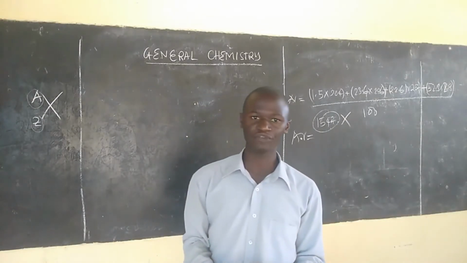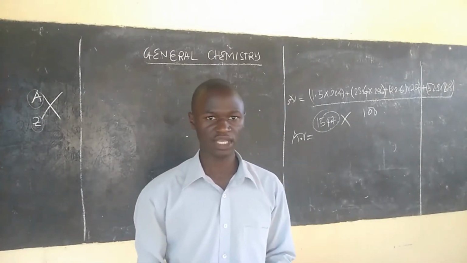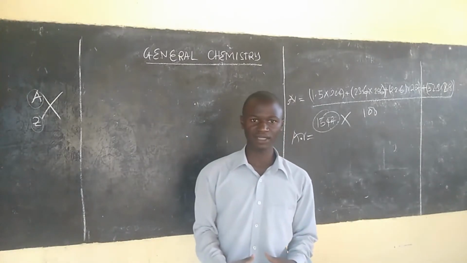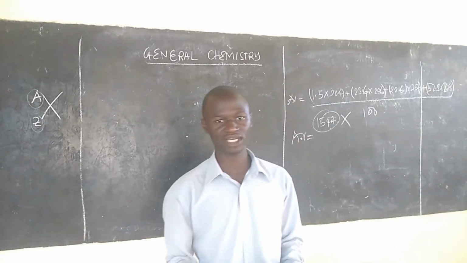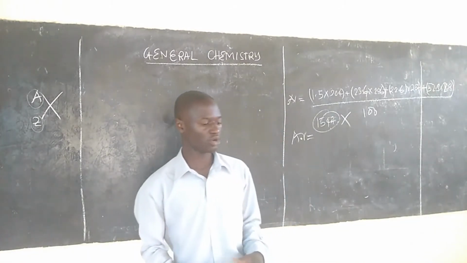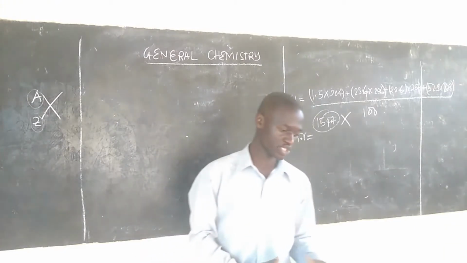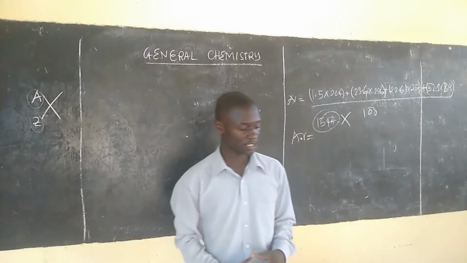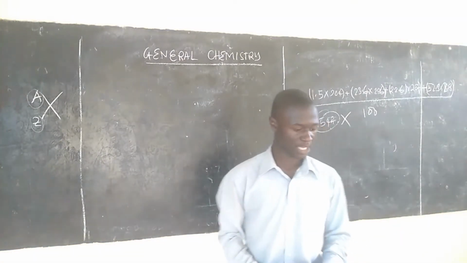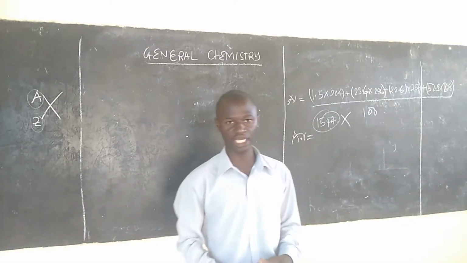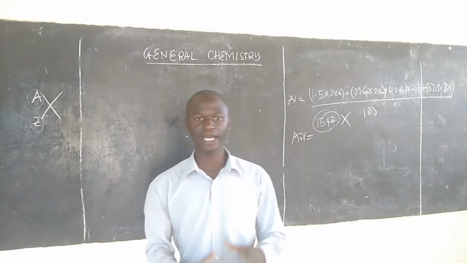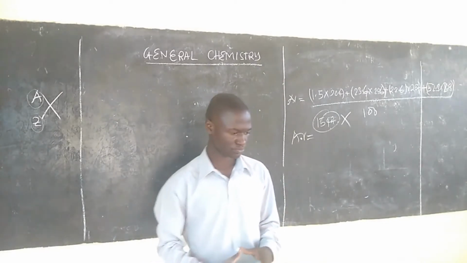Baadhi yao ndio ambao walifanya discoveries about atomic particles, lakini baadhi yao they didn't discover anything, but they were just modifying what others have said about the structure of an atom. So atomic models explain how electrons, protons and neutrons are arranged inside an atom.